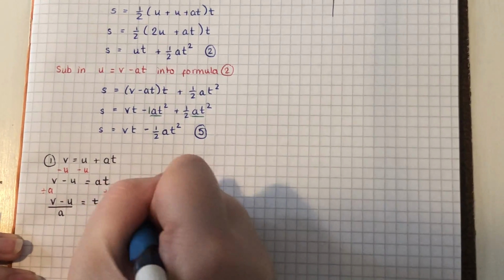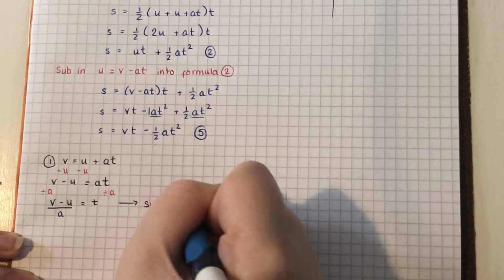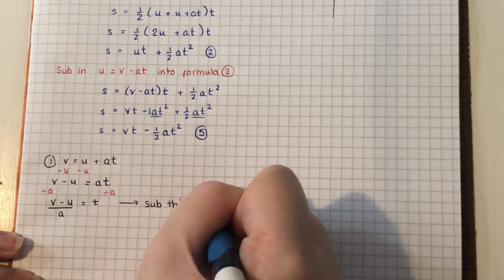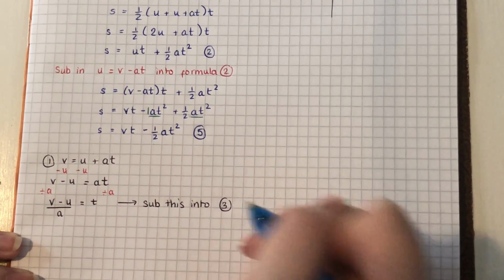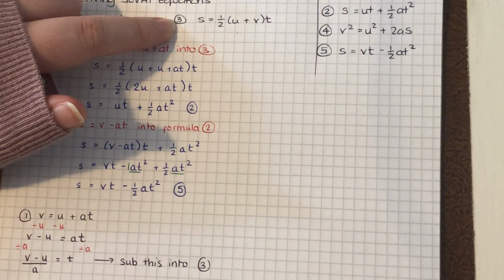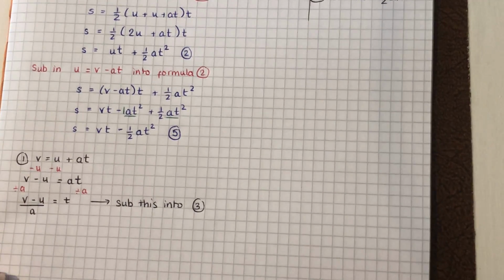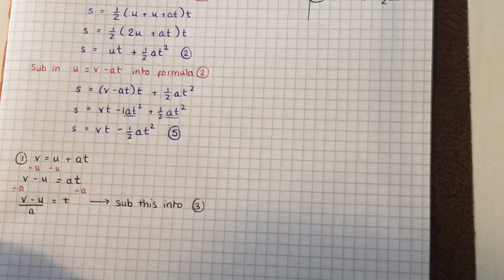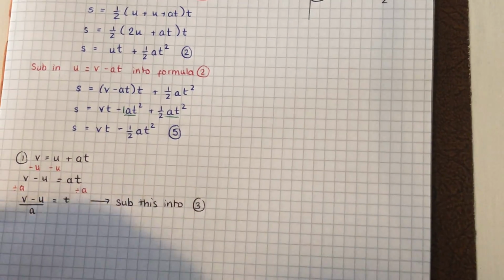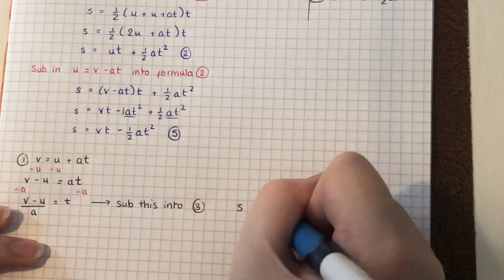Okay, so I'm now going to sub this into formula number 3, which was this one here: s equals a half bracket u plus v bracket t. Actually, I'm just going to write it out again just so that people can remember what it is.